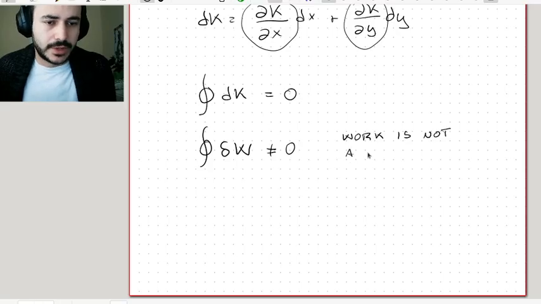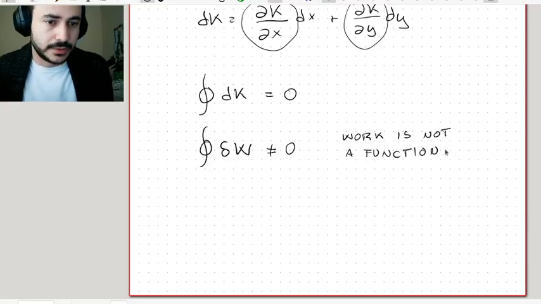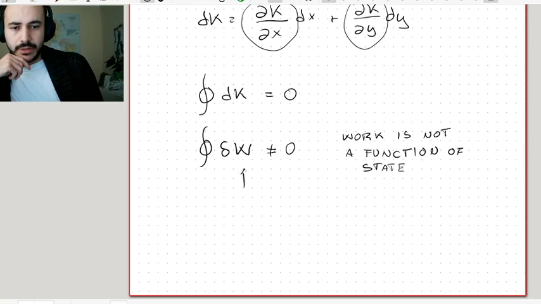a function of state, or state function, or thermodynamic property. All of these terms refer to the same thing. Function of state. Okay. So work is what we call a process variable.